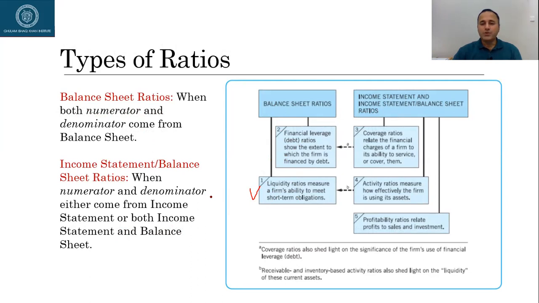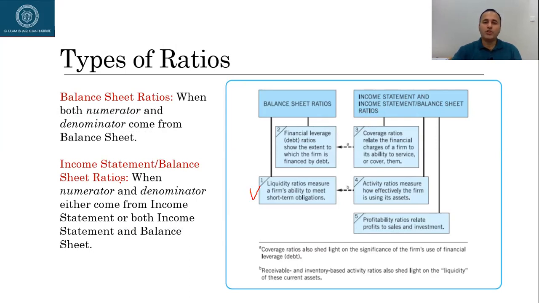But for some of the ratios, the numerator or denominator are coming from either the balance sheet or the income statement, or from both. Those are called income statement or balance sheet ratios. So there are two types. You can also categorize it into three types: balance sheet ratios, income statement ratios, and then mixed ratios.